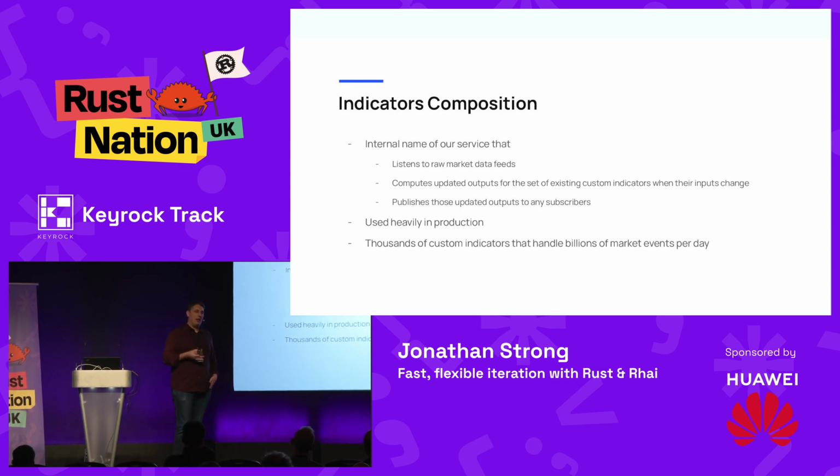When new data comes in, it updates the indicators that are based on it, and then it publishes the new data to subscribers of that indicator. We use it very heavily in production. It's a very key part of our stack and drives our pricing calculations in a lot of markets that we trade. And we have thousands of them running at any given moment.